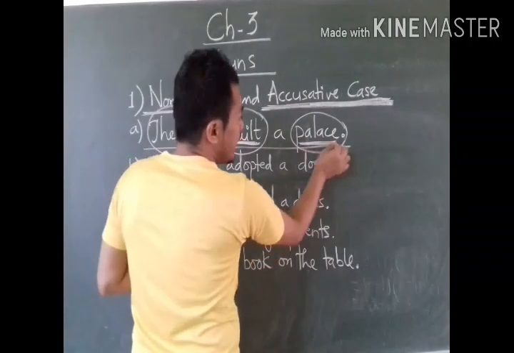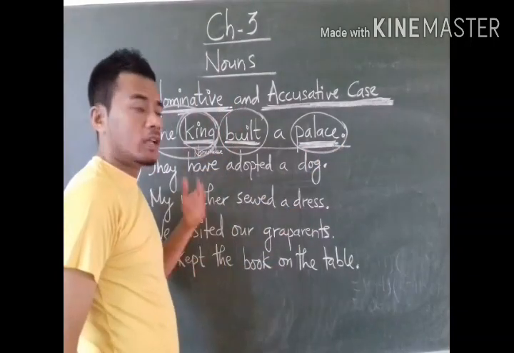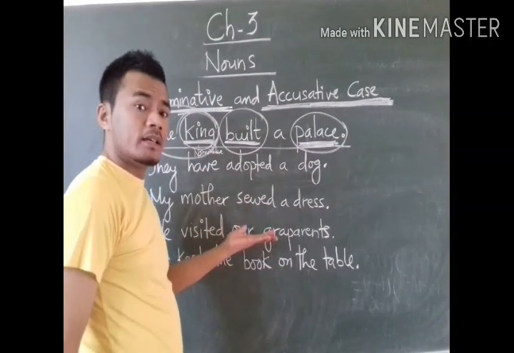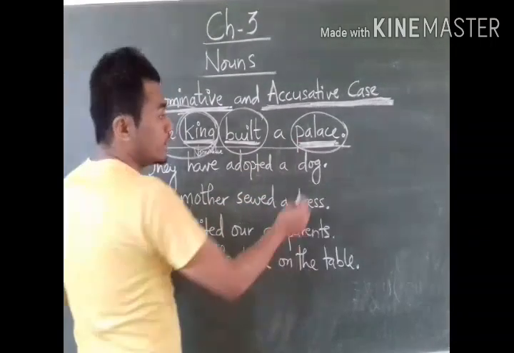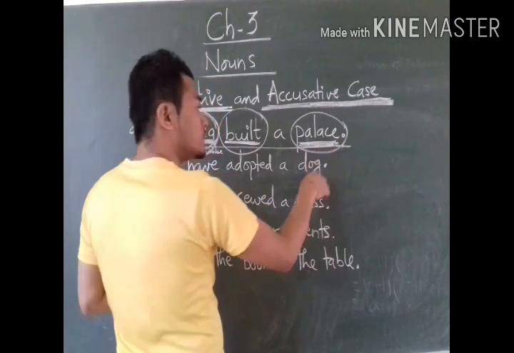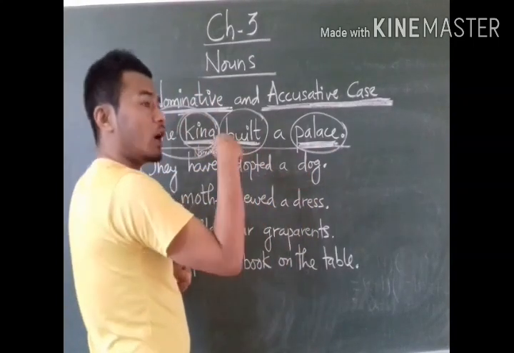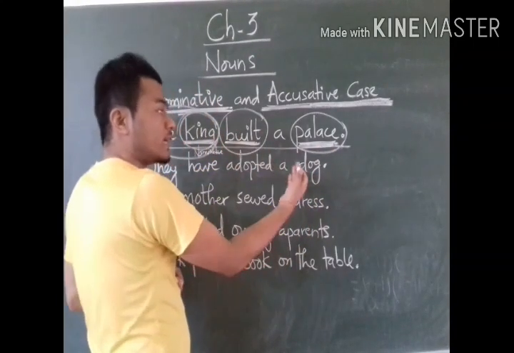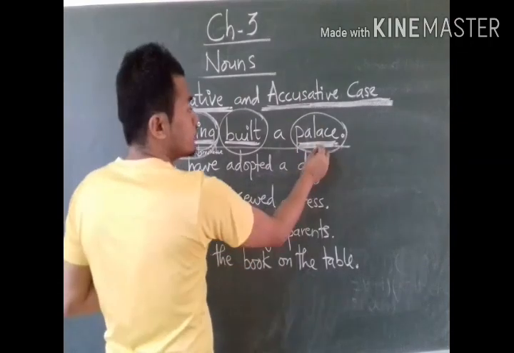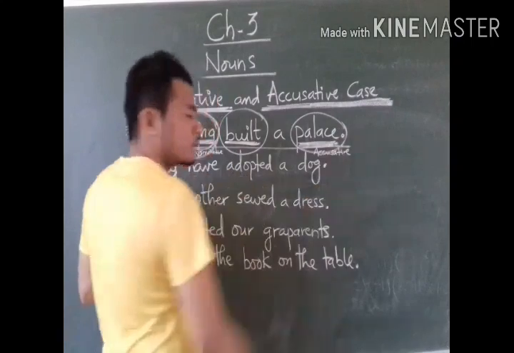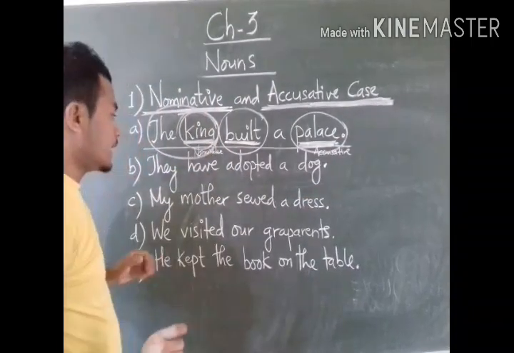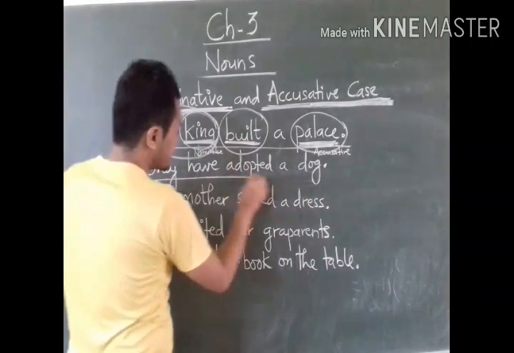So here, palace is the noun, but it is the result of the action. So it receives the action. It is also a noun, but it is used as an object. So if nouns or pronouns are used as an object, they are in accusative case. Understood? Clear?